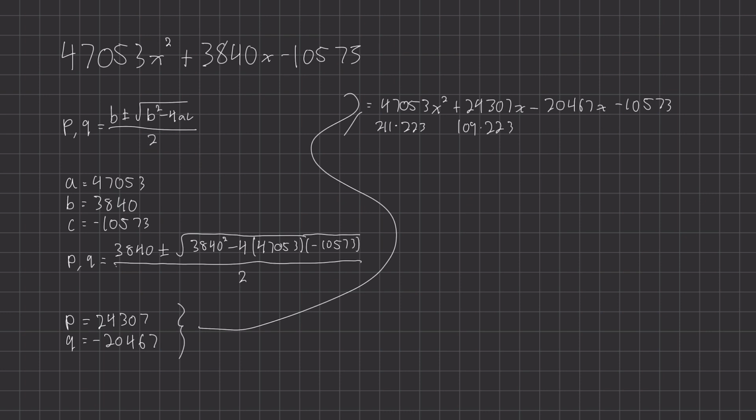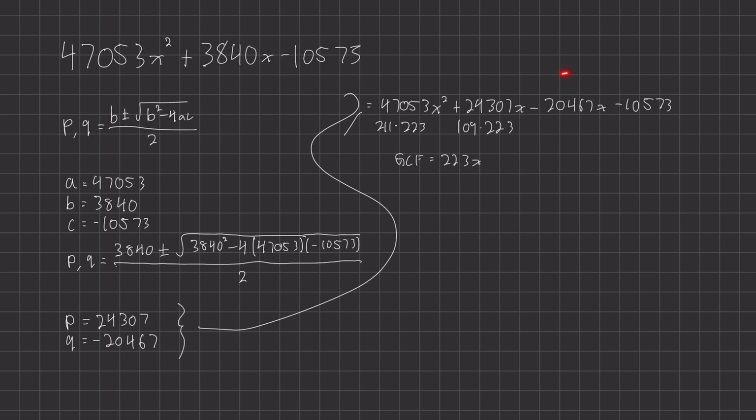So between these two numbers, our greatest common factor is going to be whatever prime factor matches. In this case, our GCF between these two numbers is going to be 223, and x, because they both have the x variable.